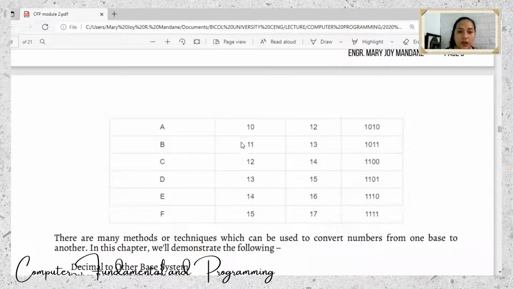And the hexadecimal equivalent: A is 10, B 11, C 12, D 13, E 14, and F 15.